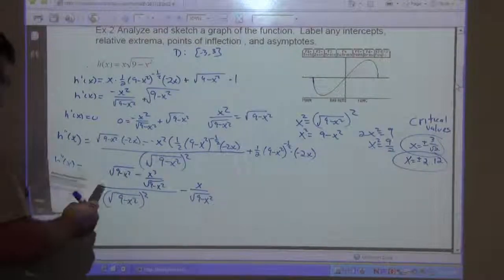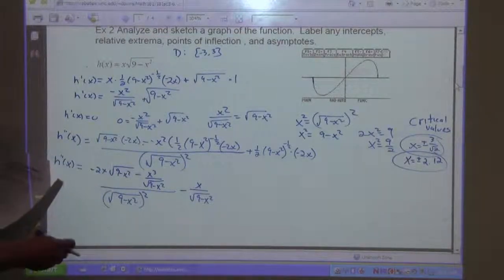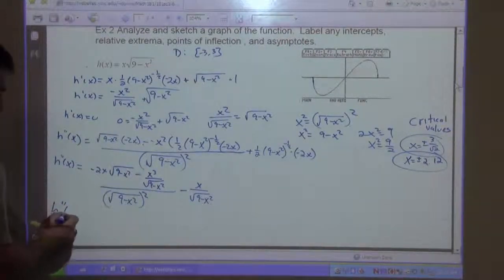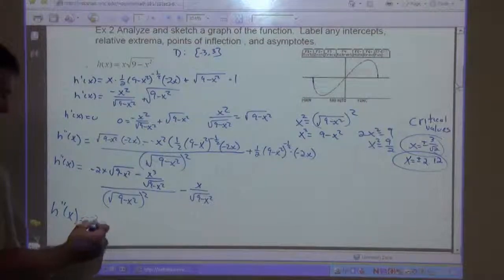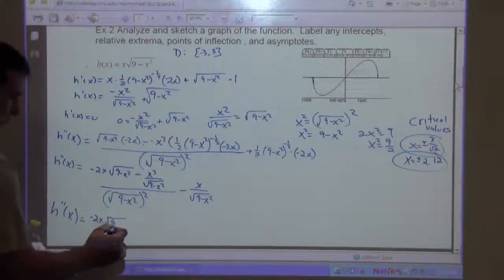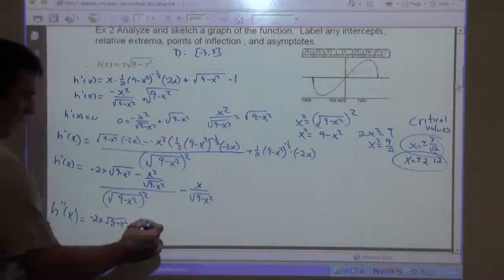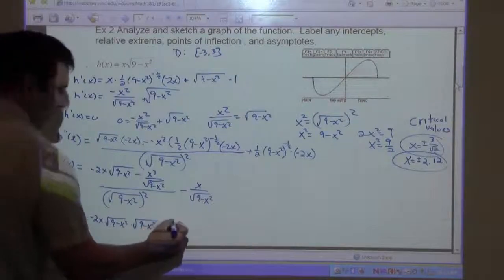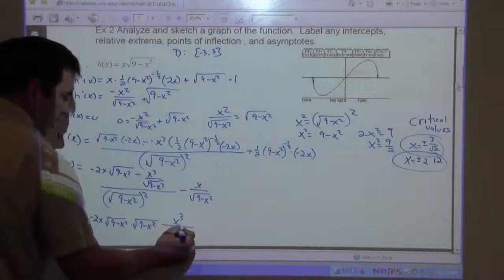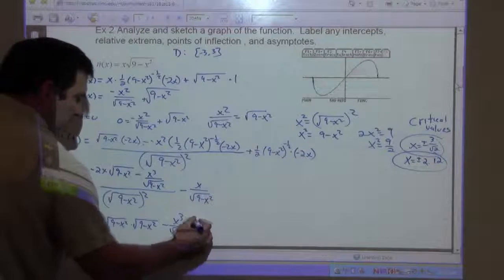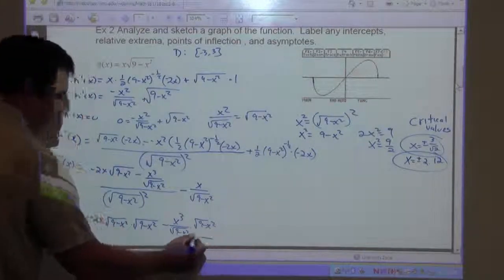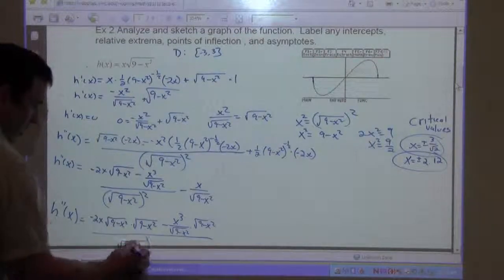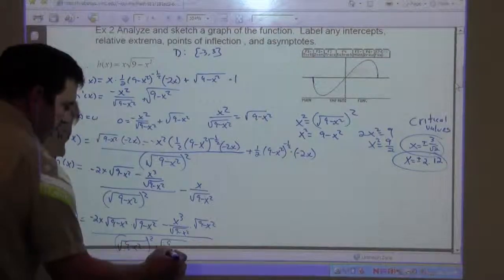So I'm going to multiply on top and bottom this part here by the square root of 9 minus x squared. h double prime of x is going to be negative 2x square root of 9 minus x squared times the square root of 9 minus x squared, minus x cubed over the square root of 9 minus x squared times the square root of 9 minus x squared, over the square root of 9 minus x squared, squared, times the square root of 9 minus x squared.